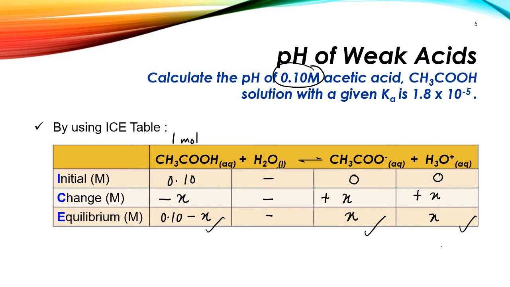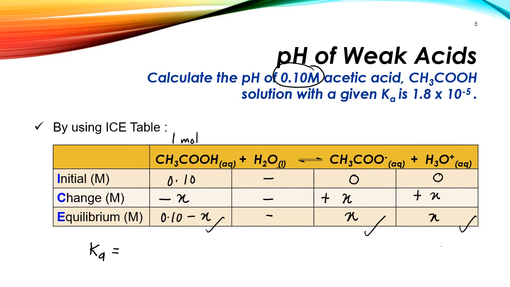So how to solve the value of X? We can solve the value of X by expressing the dissociation constant K. The dissociation constant K for the acid is Ka. Writing the Ka expression involves both the reactant and the product.